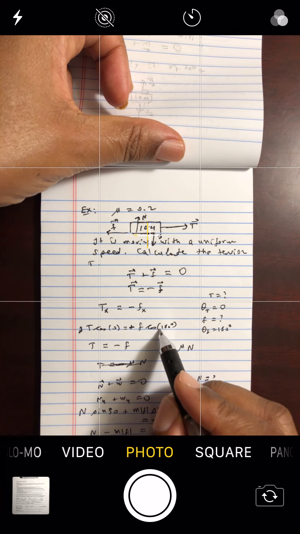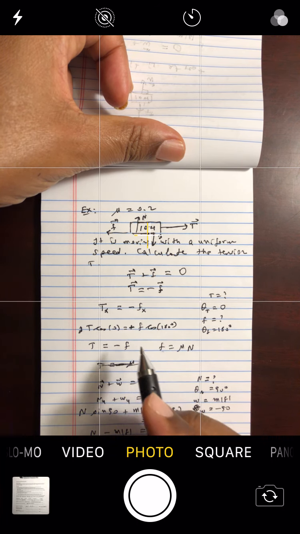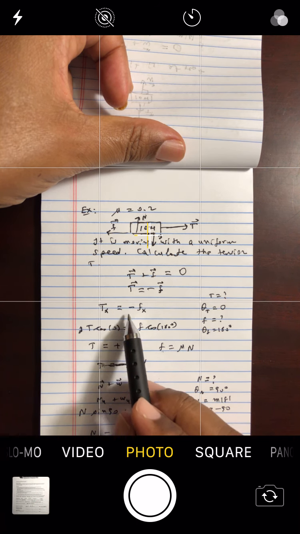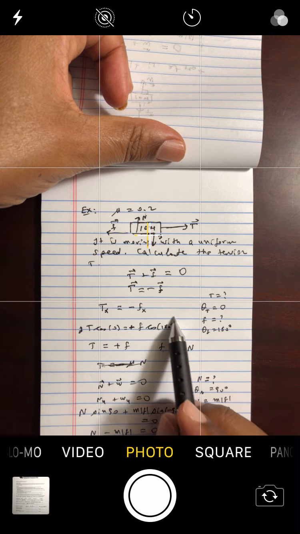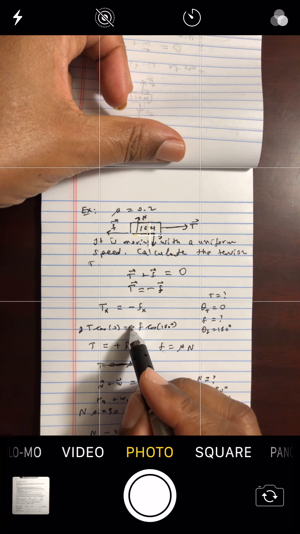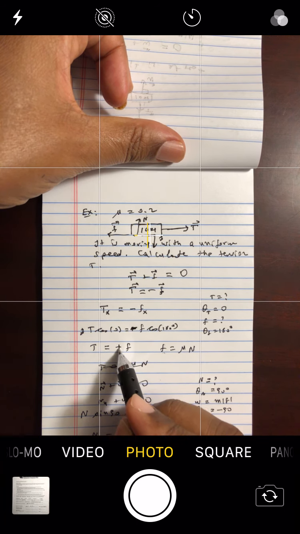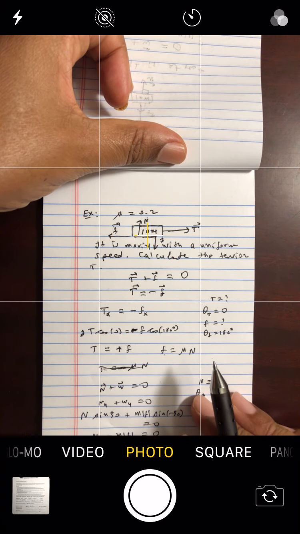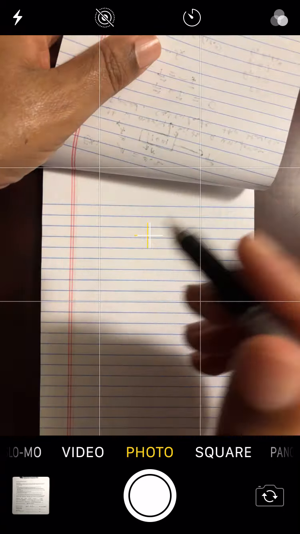There's a negative over here, and with this negative, it will be positive. You get Tx equals negative Fx, but this was negative, so this becomes positive because we have two negatives. We get T equals the force of friction, and that is mu times N.